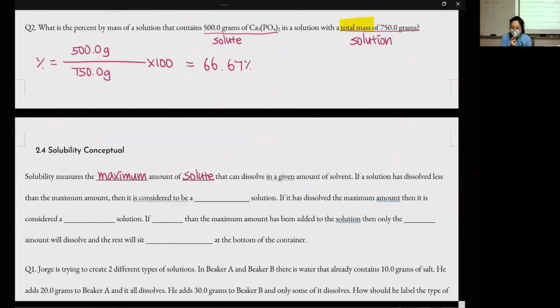If a solution has dissolved less than the maximum amount, then it is considered to be an unsaturated solution. If it has dissolved the maximum amount, then it is considered as a saturated solution.